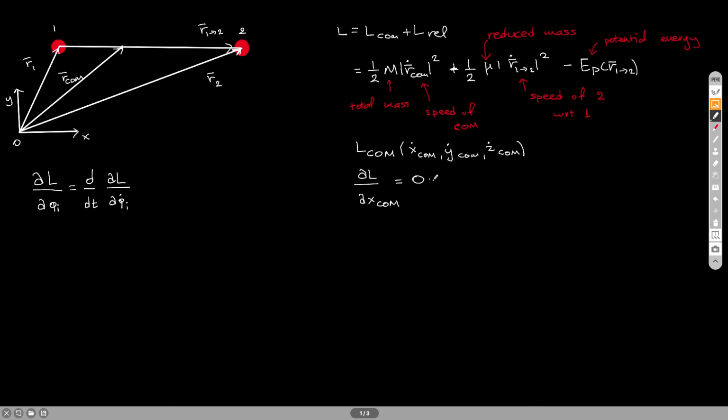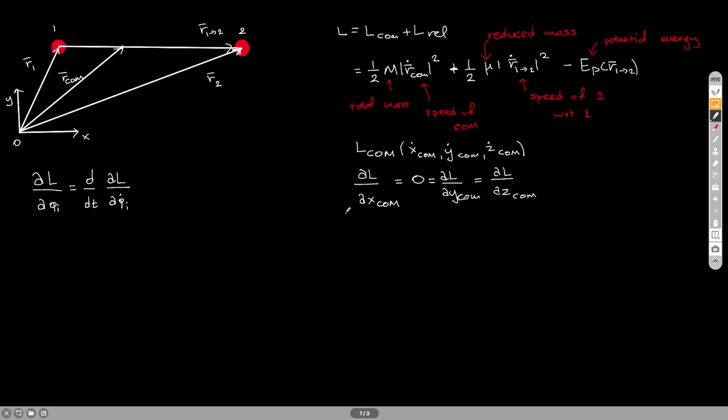So I can also say the partial of L with respect to y of the center of mass is equal to the partial of L with respect to z of the center of mass. Now, because the left side is 0, this means that d over dt of this quantity for x dot, y dot, and z dot will also be 0.